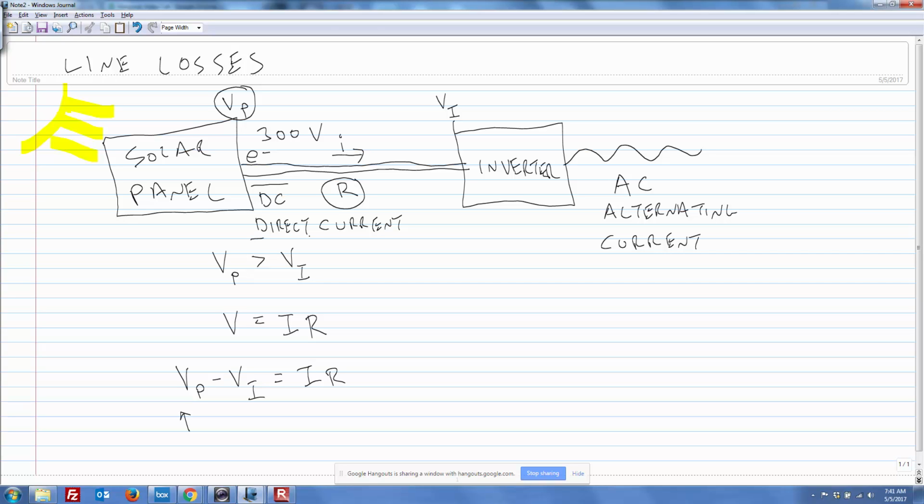So DC and AC. So what we're looking for is to see how much electricity we lose, how much energy we lose, how much power we lose between the panel and the inverter. And we know that the panel has a greater voltage than the inverter. Okay, and so this is Ohm's law here.